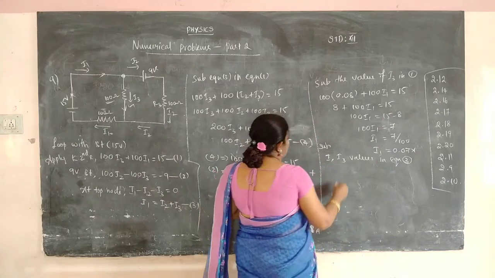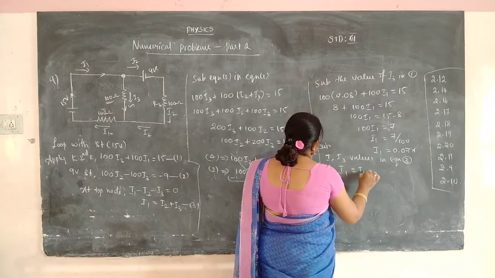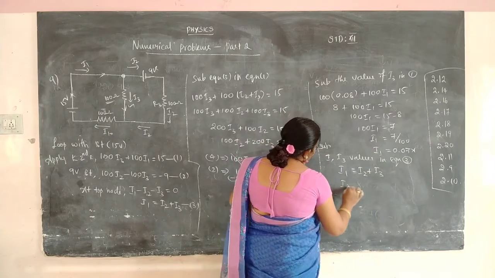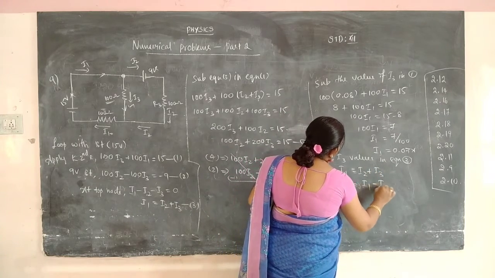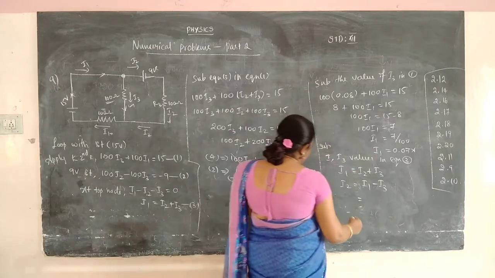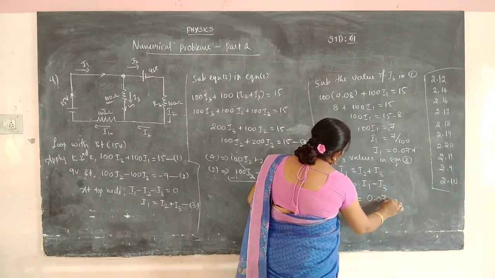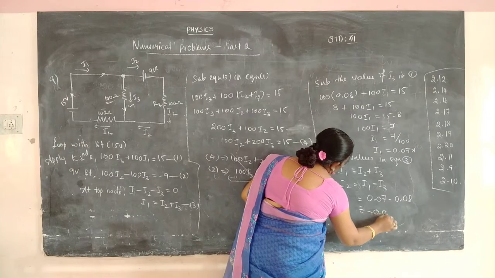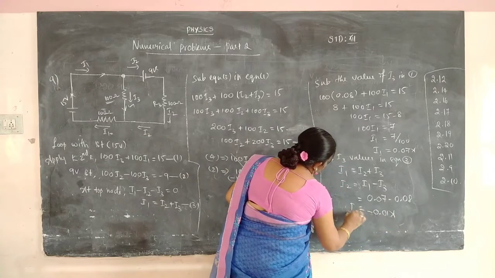What is equation 3? I1 is equal to I2 plus I3. We want I2, so I2 is equal to I1 minus I3. What is the I1 value? 0.07 minus the I3 value 0.08. So minus 0.01 ampere. That is the I2 value.